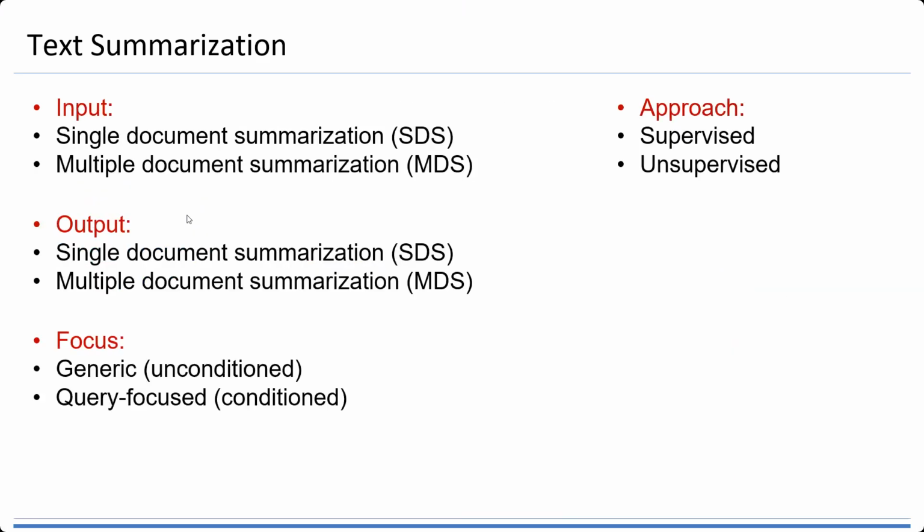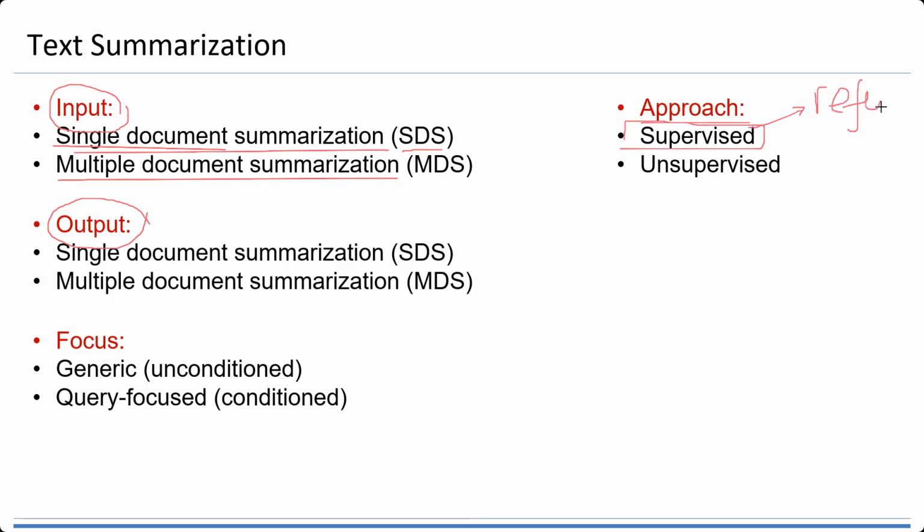So for text summarization, we can have a kind of input and output. If the input is a single document, we call it single document summarization, SDS. If there are many documents, then we call it multiple document summarization. The approach can be supervised. Supervised means you have the reference.